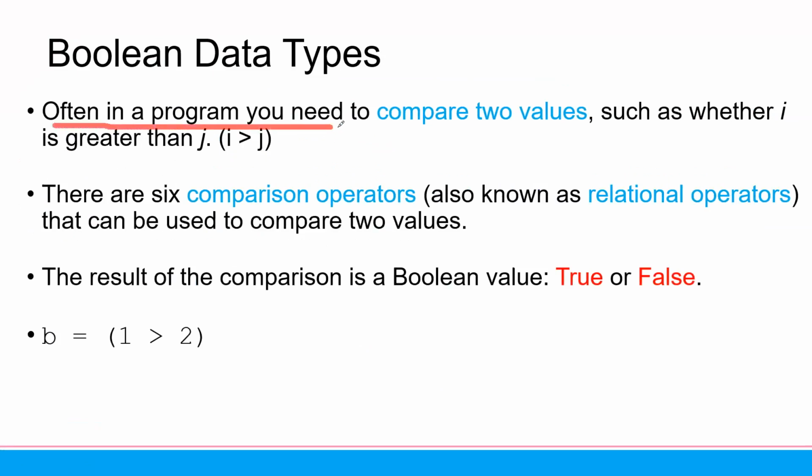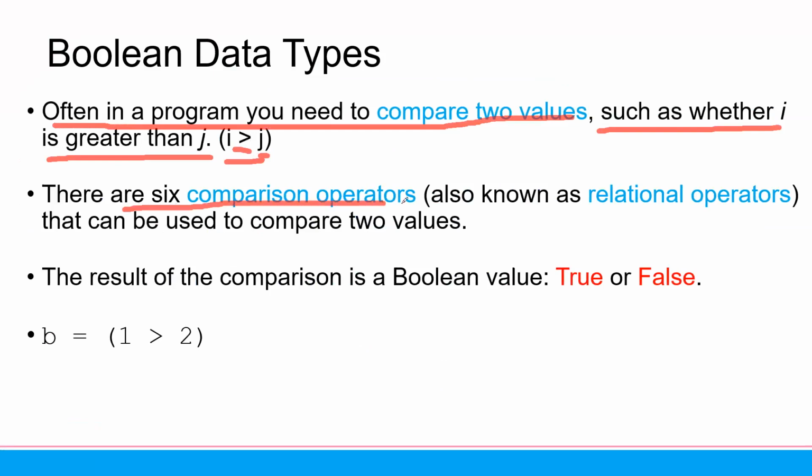Often in a program, you need to compare two values, such as whether i is greater than j. So you can put this kind of statement, i greater than j. And then we can know if it is correct, you can do something. If it is not correct, then do another thing.